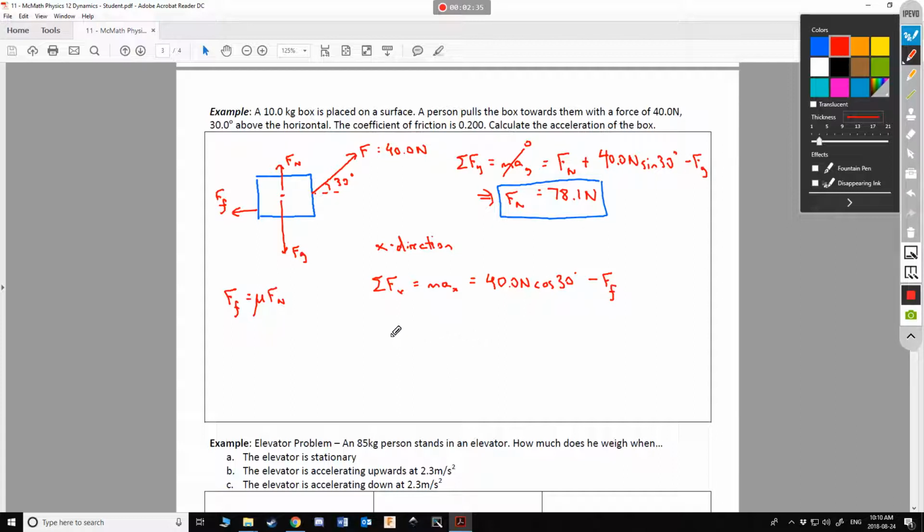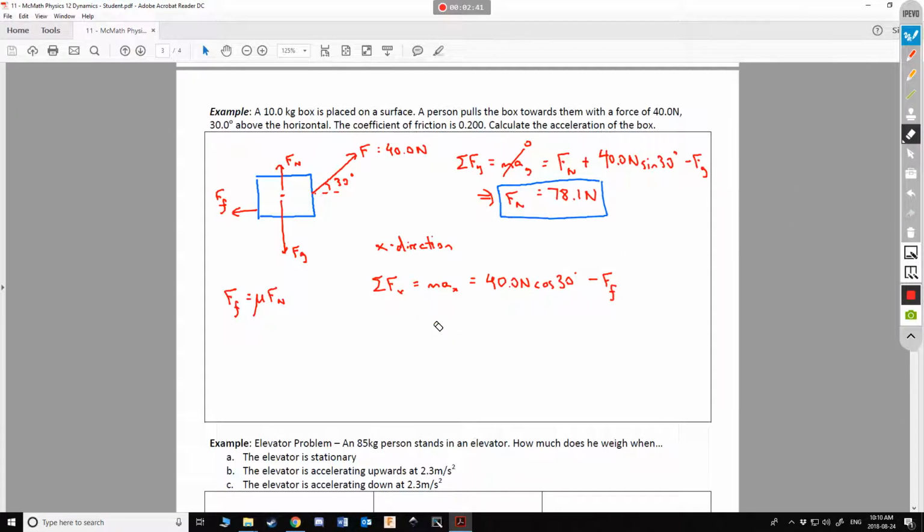We have mass is given to us to be 10 kilograms, so 10.0 kilograms multiplied by ax. 40 cos 30 was 34.64.